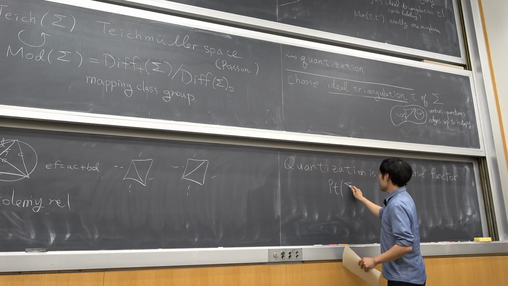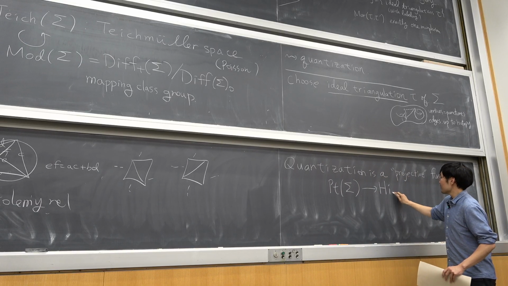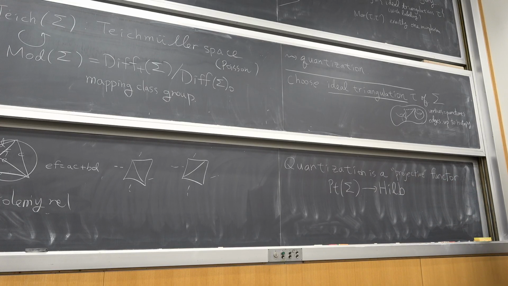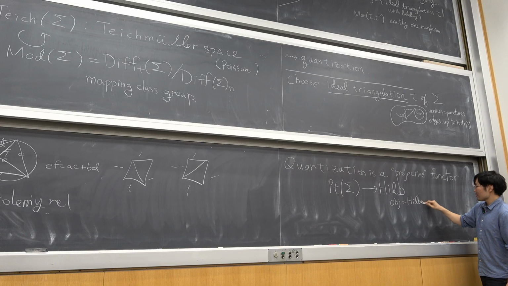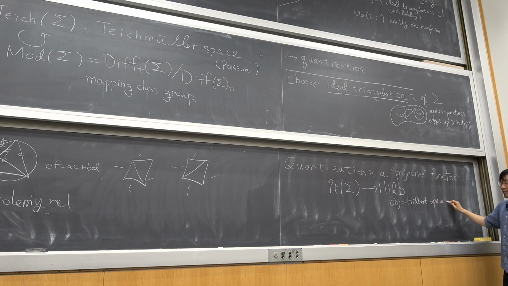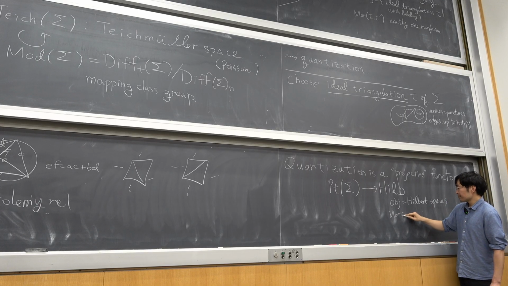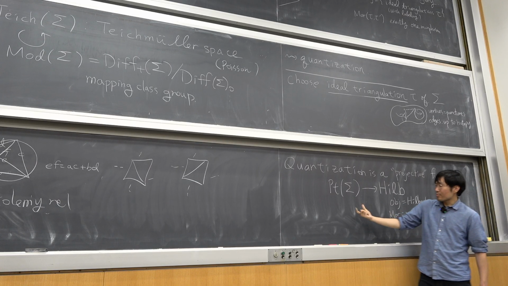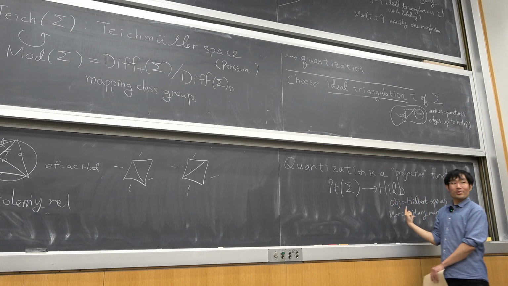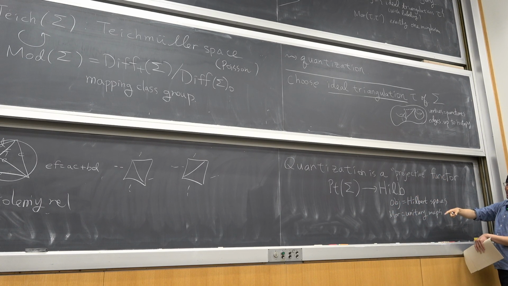So from the groupoid to what I'm writing as Hilb, the category where objects are Hilbert spaces and morphisms are unitary maps. By projective, I mean the usual functor sends composition of morphisms to composition of morphisms, but projective means that composition goes up to a multiplicative constant. You will see that more explicitly soon, so let me not write that down.